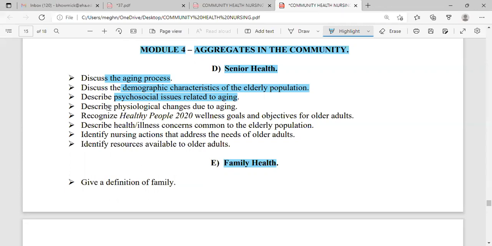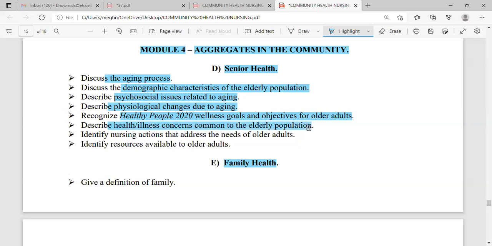So describe physiological changes due to aging. Recognize Healthy People 2020 wellness goals and objectives for older adults. Describe health or illness concerns common to the elderly population.